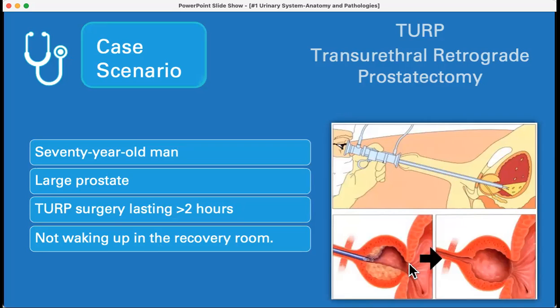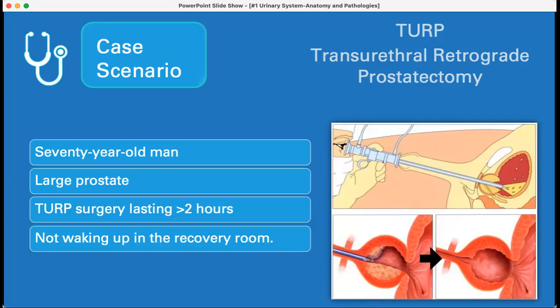Then he takes this roto-rooter system and reams out the prostate gland, or as much as he can, to open it up so the urine will flow freely.